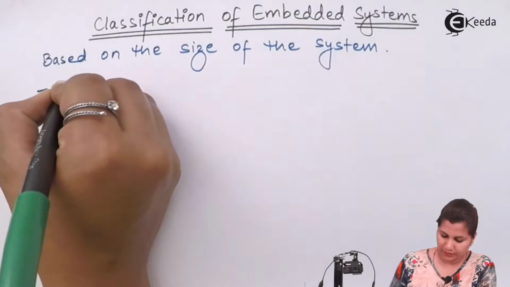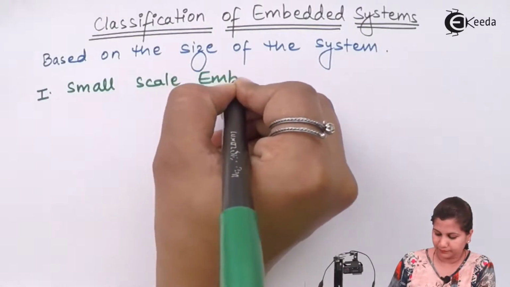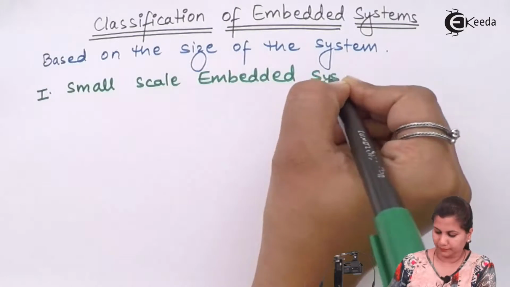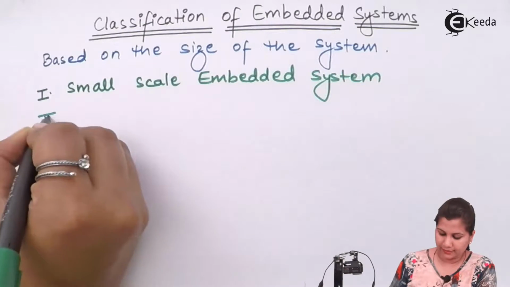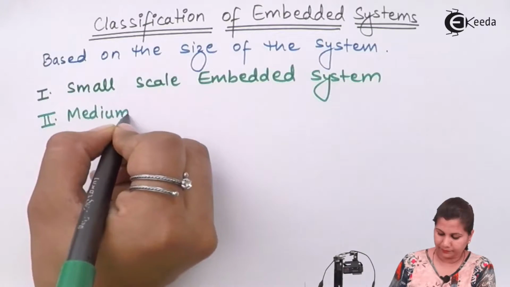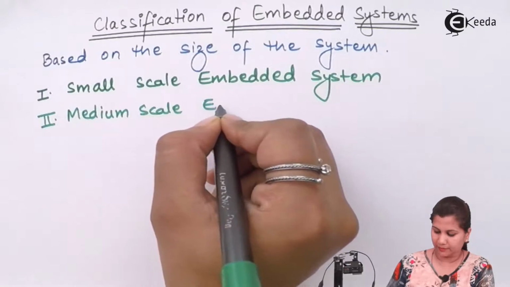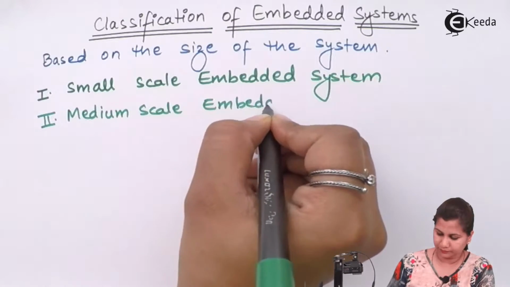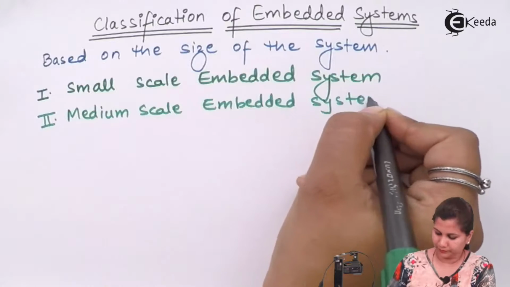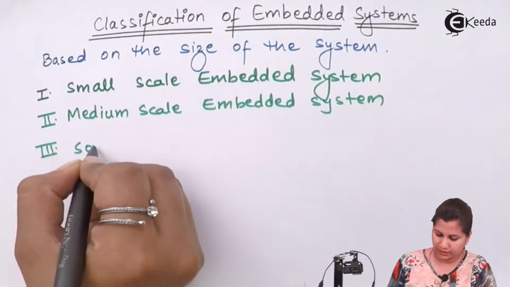First is small scale embedded system. Second is medium scale embedded systems. And third is sophisticated.